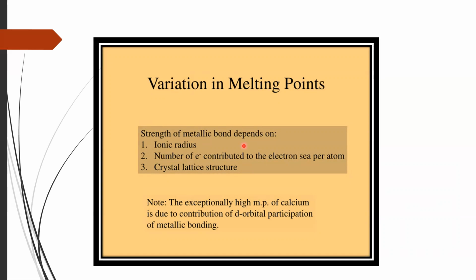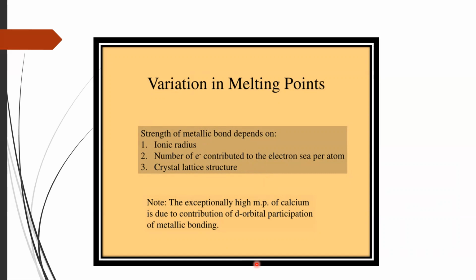The strength of the metallic bond depends upon the ionic radius, the number of electrons contributed to the electron sea model per atom, as well as the crystal lattice structure. The exceptionally high melting point of calcium is due to the participation of d orbitals in metallic bonding.